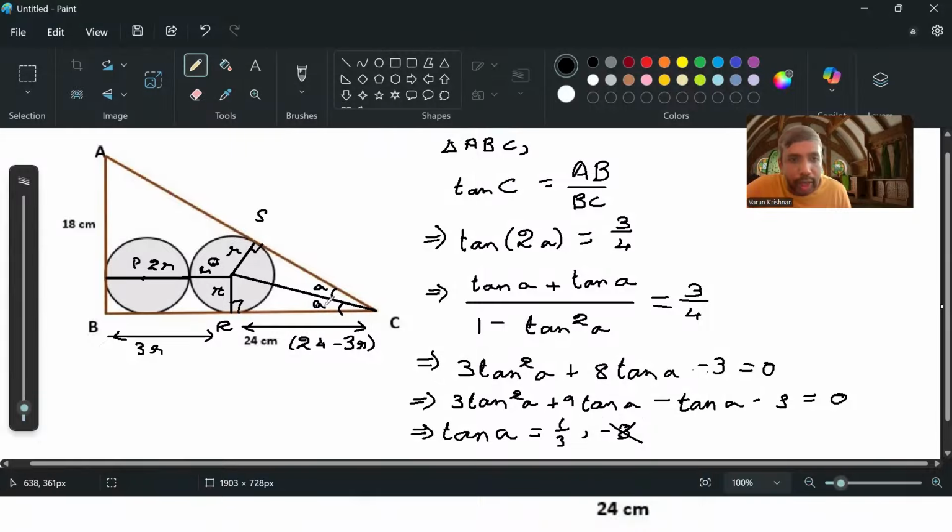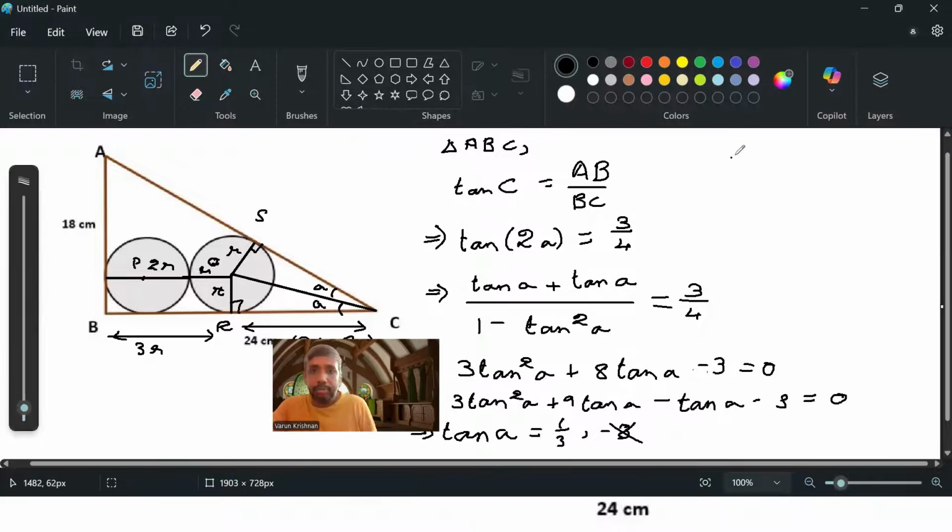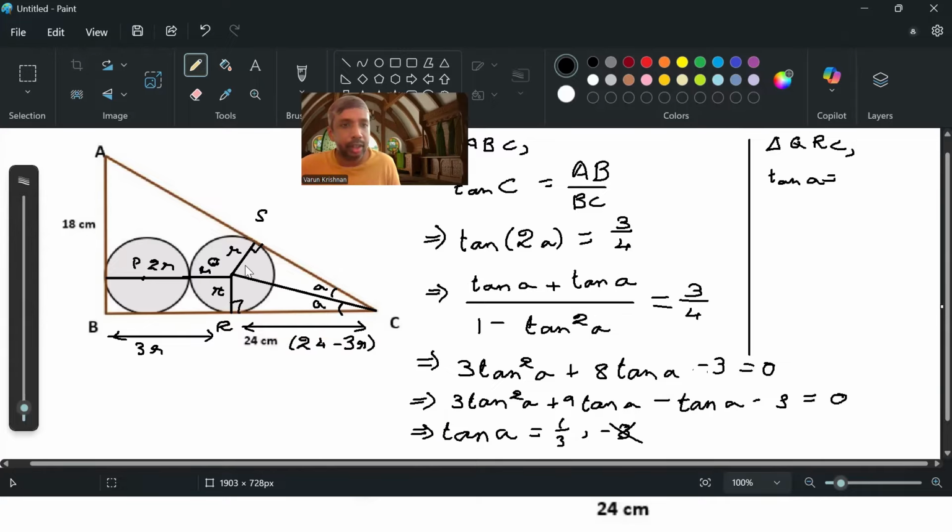So this is what I'm getting. The tan of angle A is 1 by 3. But tan of angle A, I can also find out from triangle QRC. In triangle QRC, tan of angle A is opposite side by adjacent side, which is QR by RC.